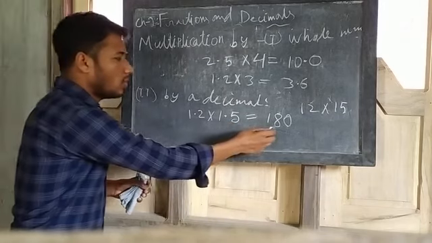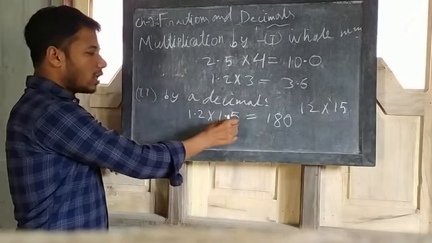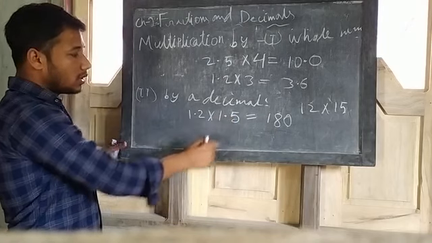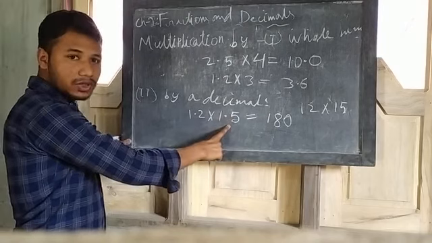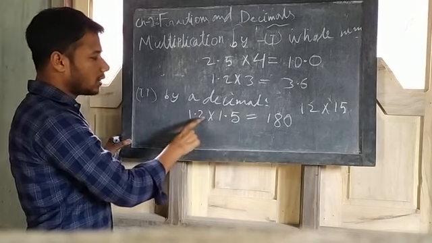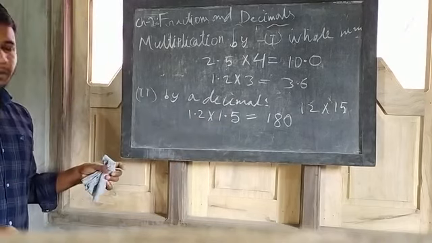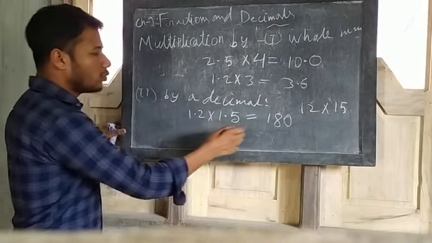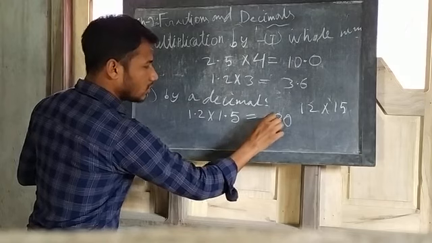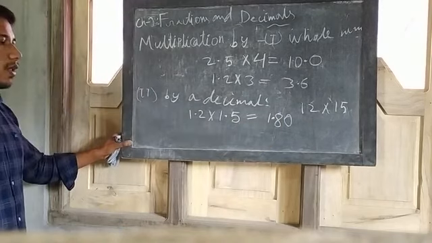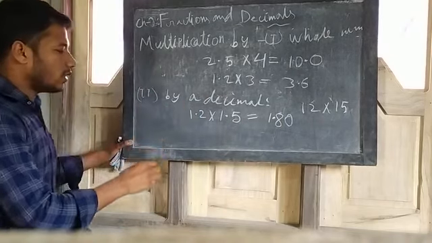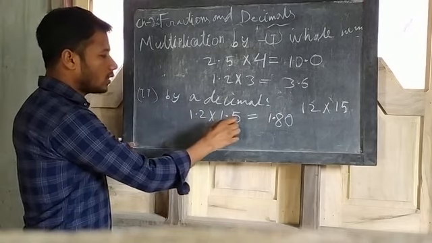So here we have to add the numbers of digits after the point. Here before one digit, here before one digit. So in the multiplication the point will be before two digits. Okay, I will explain again. Here is 1.2 into 1.5.